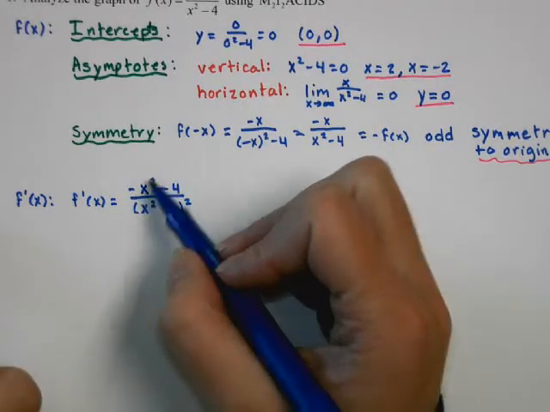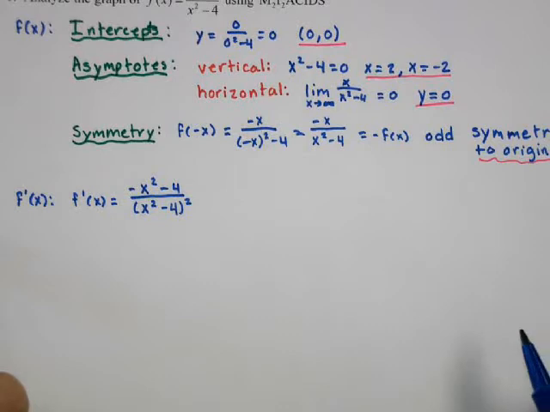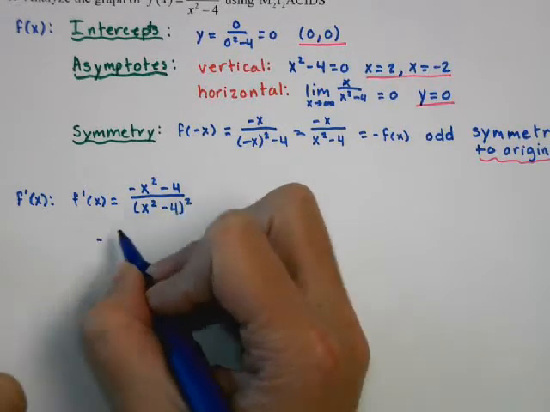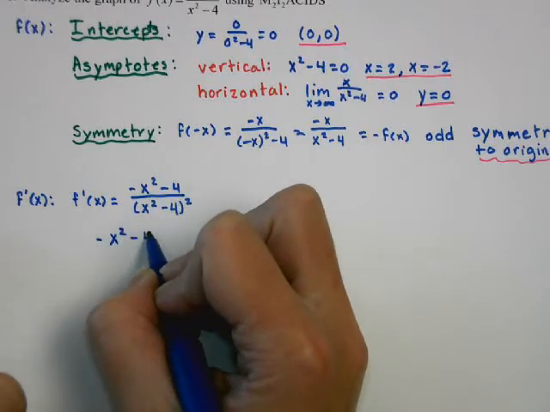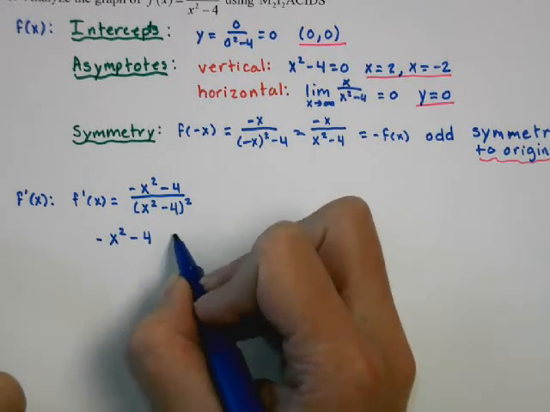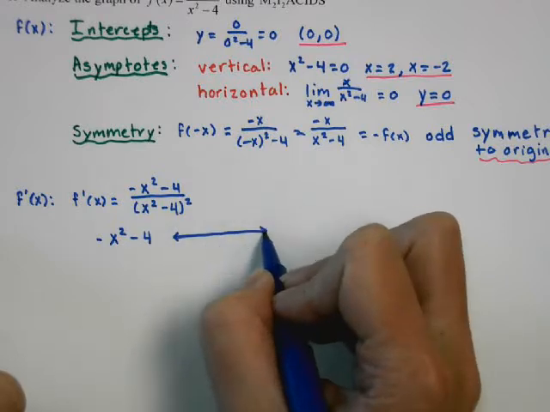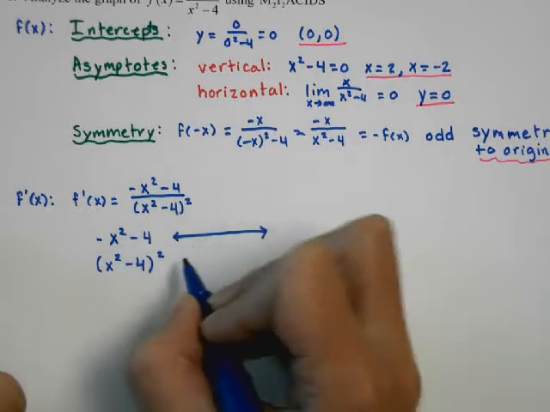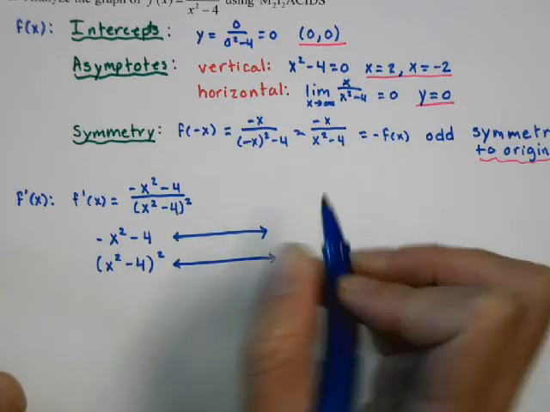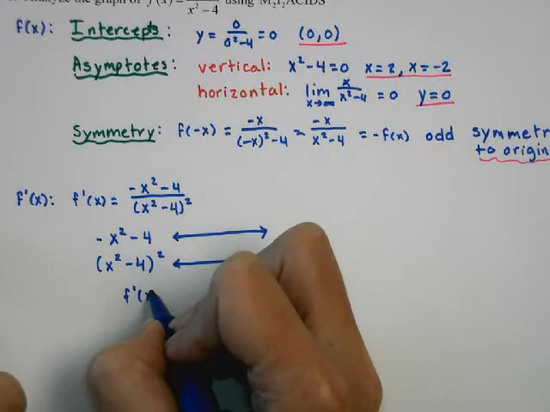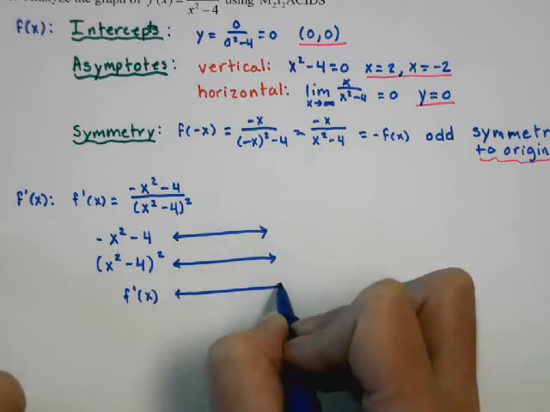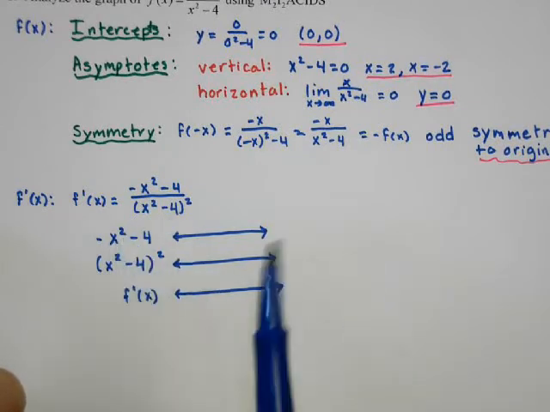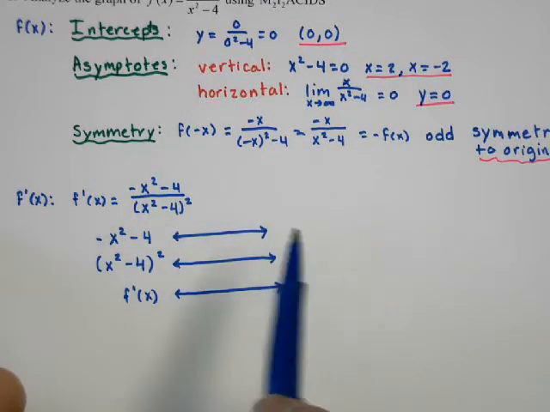So we're going to make some number lines. One for negative x squared minus 4, and one for x squared minus 4 squared. And that will tell us about what's happening with our derivative. So a negative x squared, so picture a parabola facing down that's moved down 4, is always going to be negative.